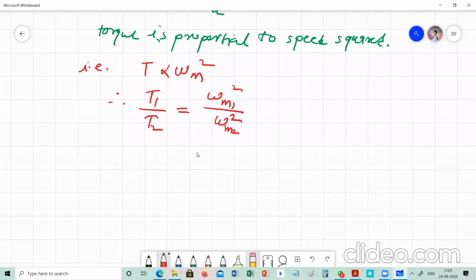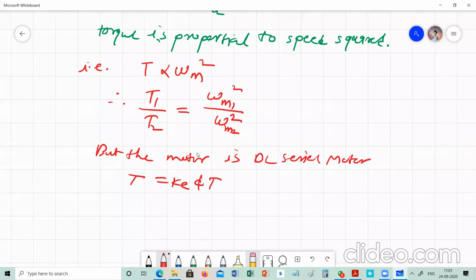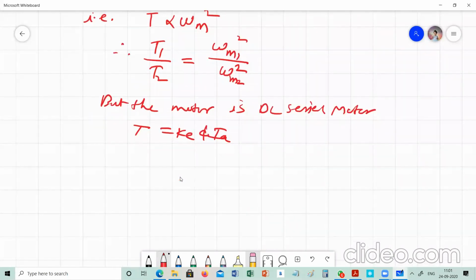But the motor is a DC series motor, and for a DC series motor, the torque equation T is equal to Ke phi Ia will become, because for a DC series motor phi is proportional to Ia, therefore T equal to K Ia square.